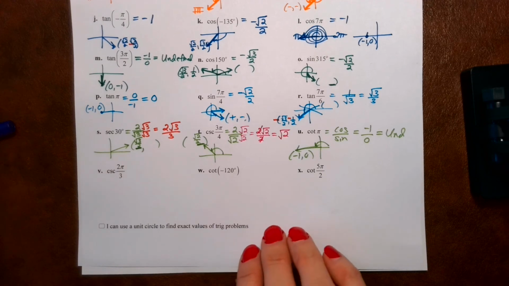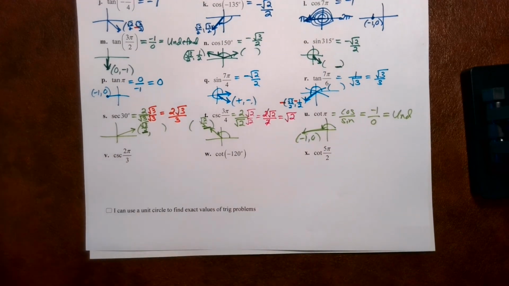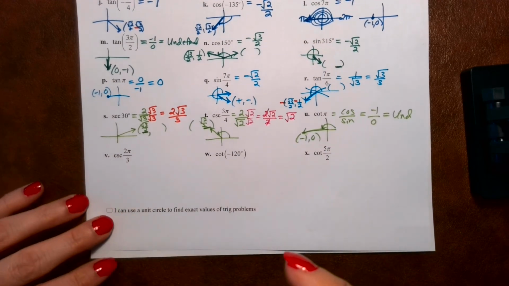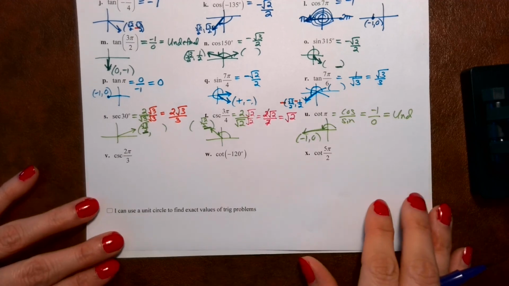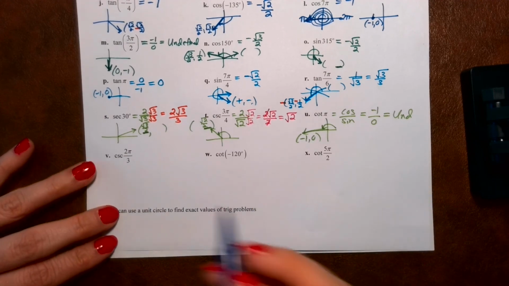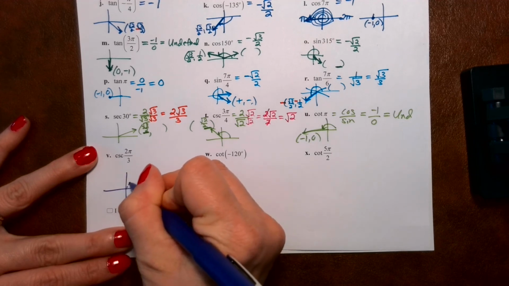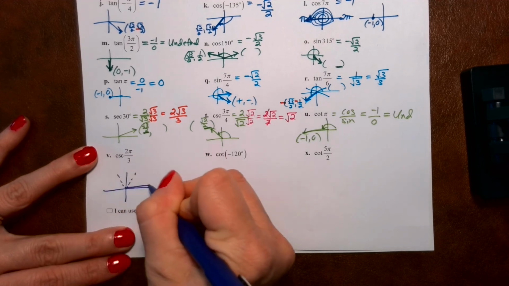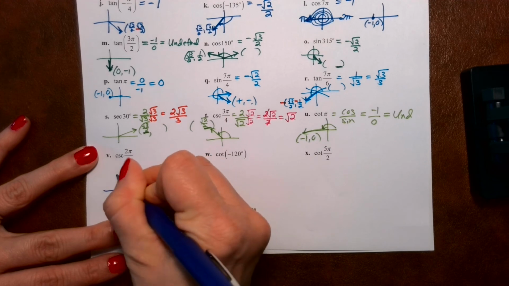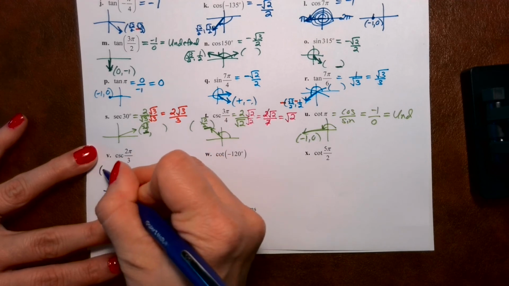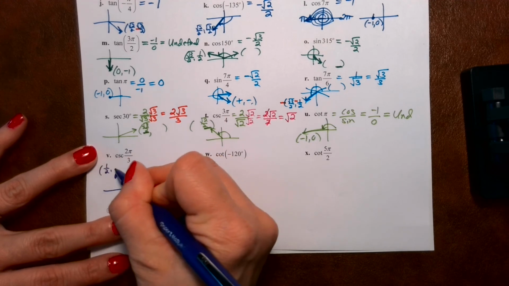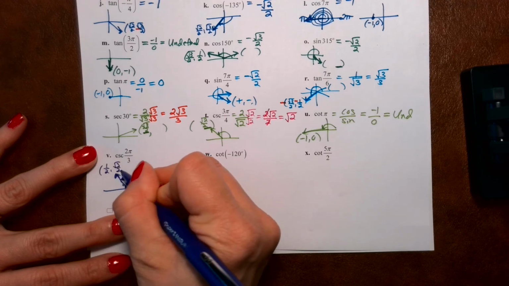Okay, we got a couple more. I hope going through these with you and showing you the process is helping you get better at evaluating. 2 pi over 3. The pi over 3 family: 1 out of 3, 2 out of 3. So it's up here. It's really tall. It has values 1/2 comma radical 3 over 2.